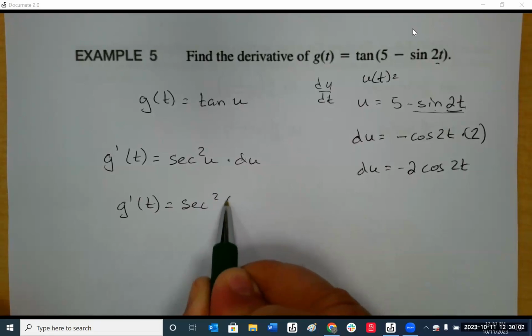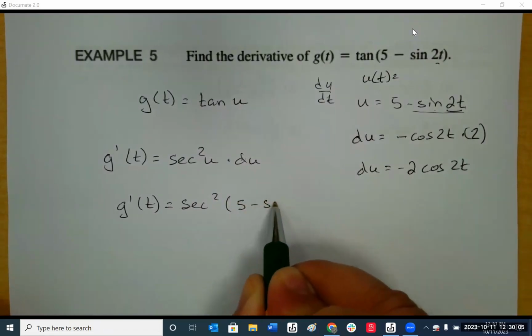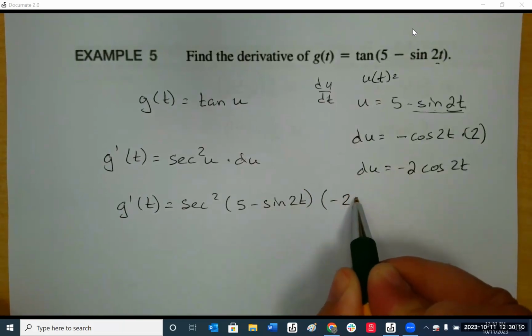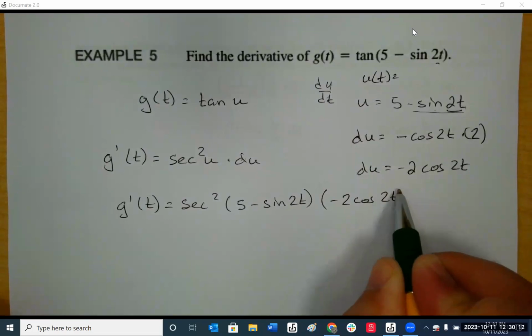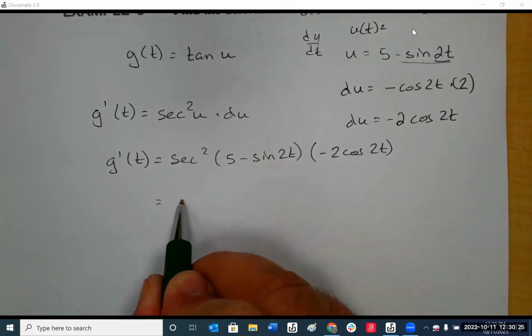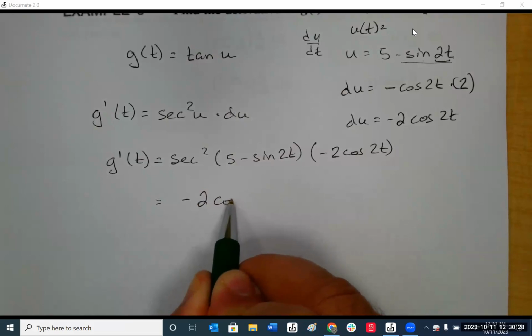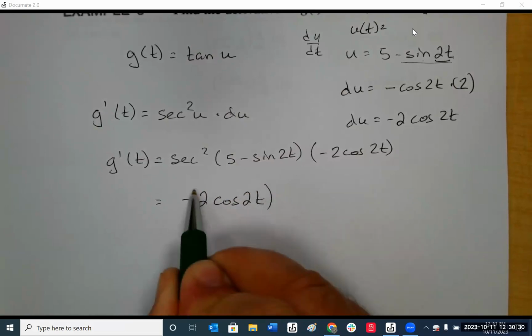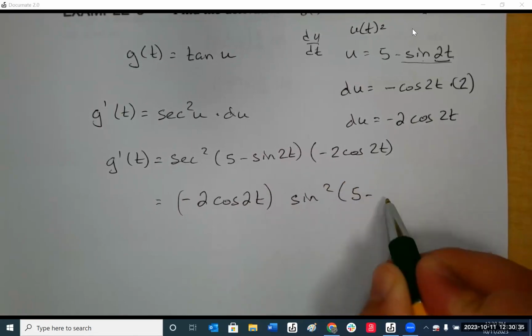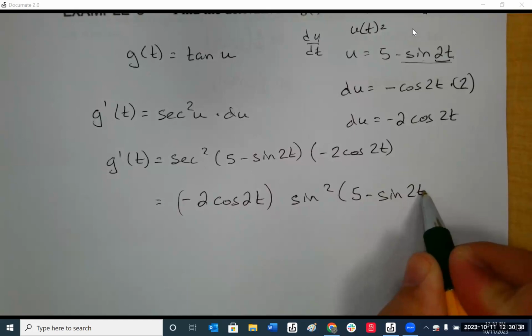So it's secant squared of 5 minus sine 2t times negative 2 cosine 2t, which is negative 2 cosine 2t times secant squared of 5 minus sine 2t.